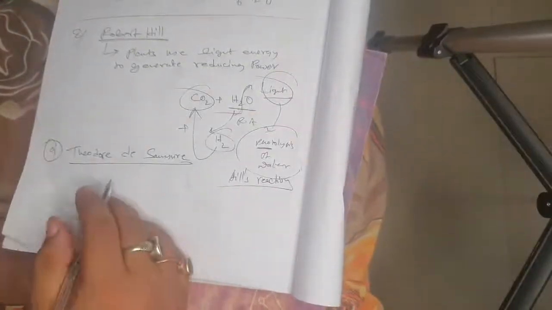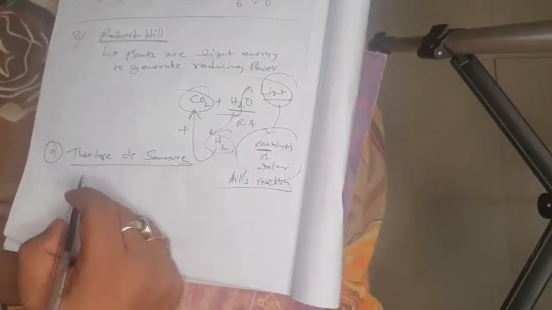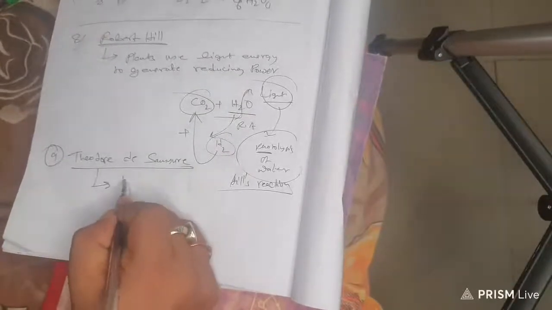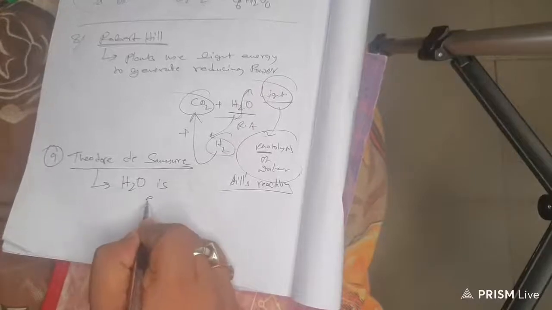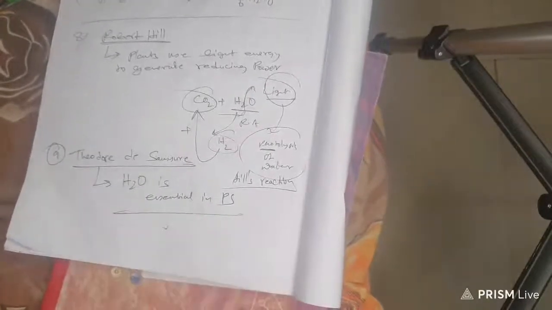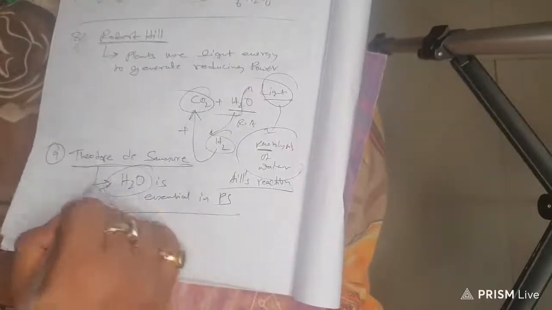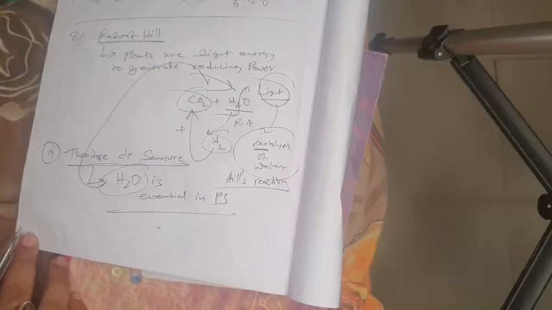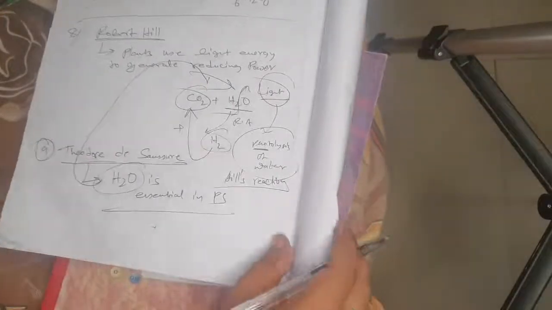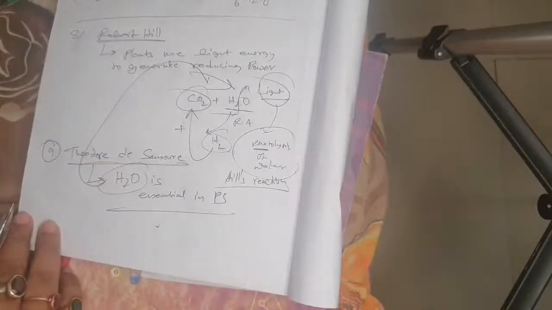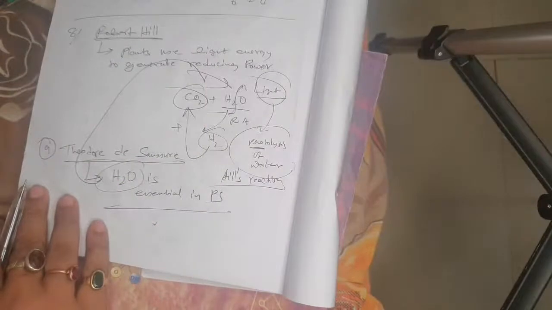He said that H2O is essential in photosynthesis. So that means it got confirmed that the reducing agent is H2O, due to this scientist. Then came the 10th, 8th, then 9th. Oh, 7th, 8th, then 9th.